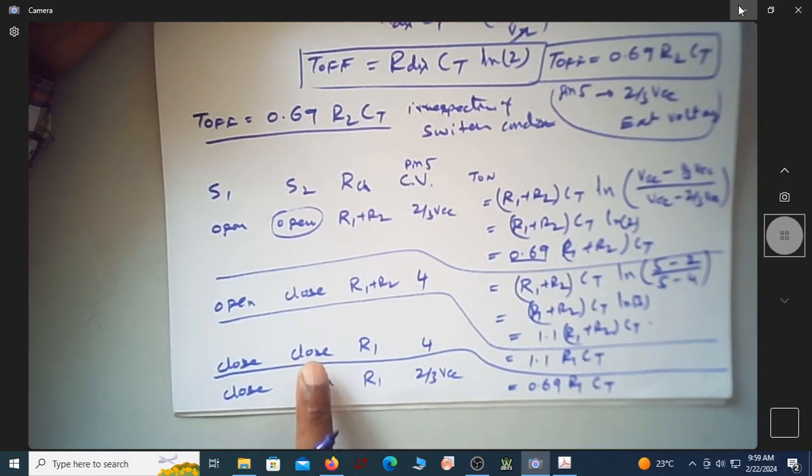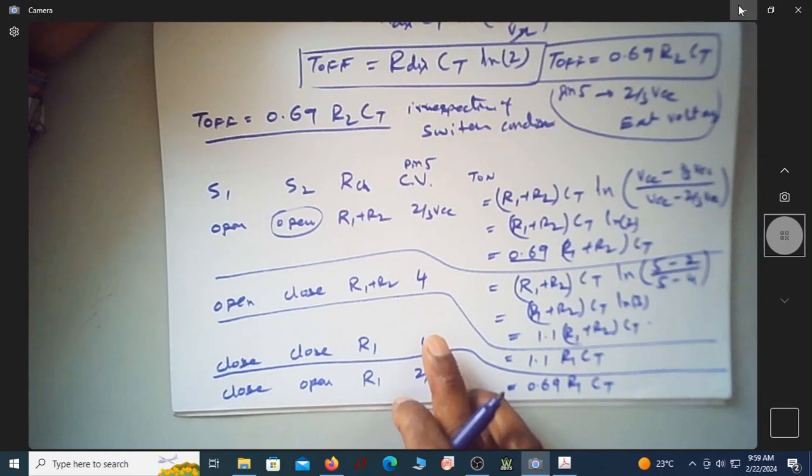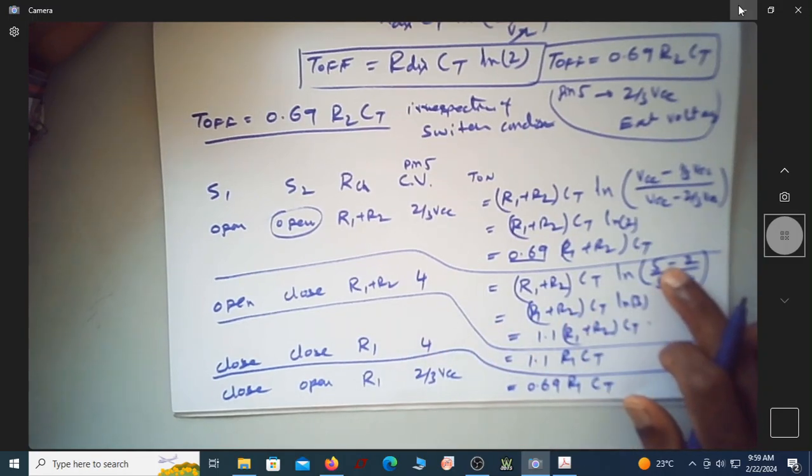If the control voltage is 4 volt, then it is 1.1. If the control voltage is 2 by 3, it is 0.69. This control voltage can be any voltage. It can be 2 also, it can be 2.5 also, it can be 3.8 also. So whatever the voltage is, I need to substitute here.